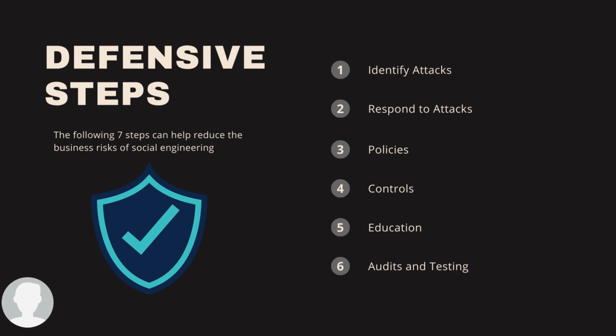Controls: make sure there are physical and technical controls. So you'll have IDs if you're trying to enter a building, security cameras around the building, and maybe security guards, depending on what information's at the desk. You need to have a clear desk and not leave sensitive information out anywhere.